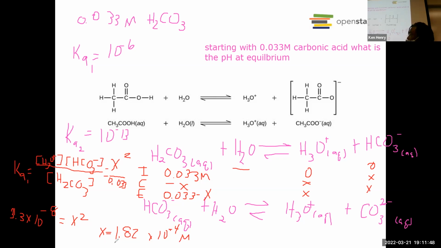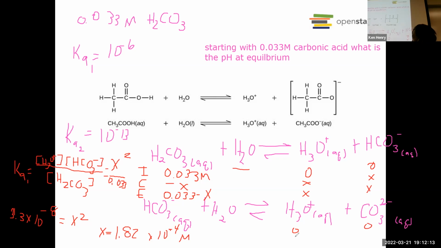So my starting concentration for the next one would be this, right? It's at equilibrium, so that's going to be the starting concentration. This guy would start off technically at 0, right? This guy's going to start off at 0, right?